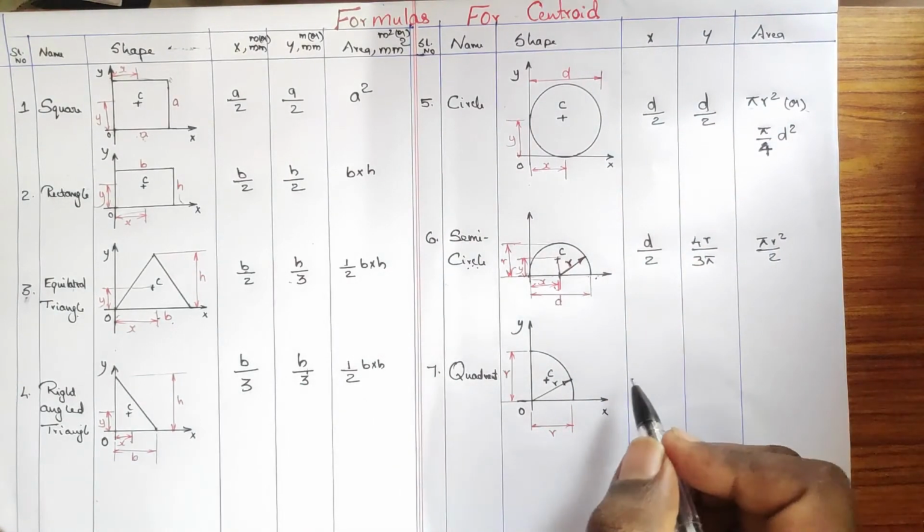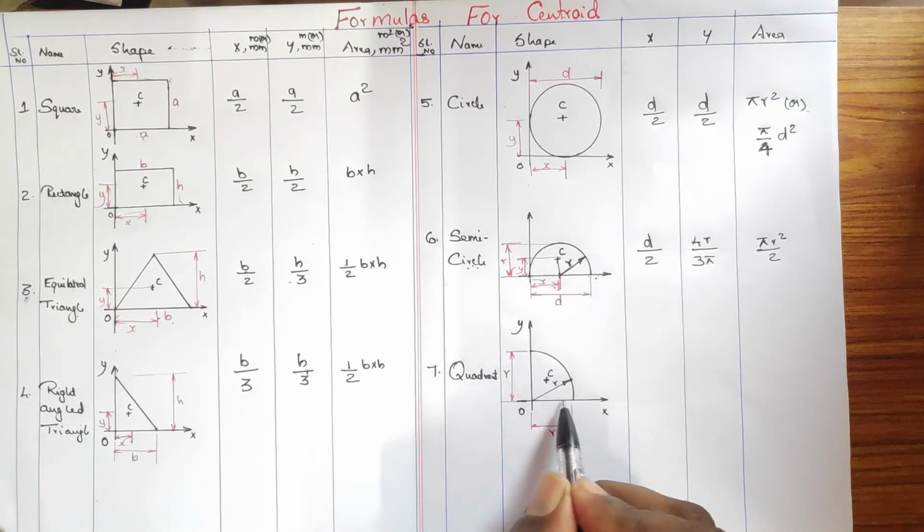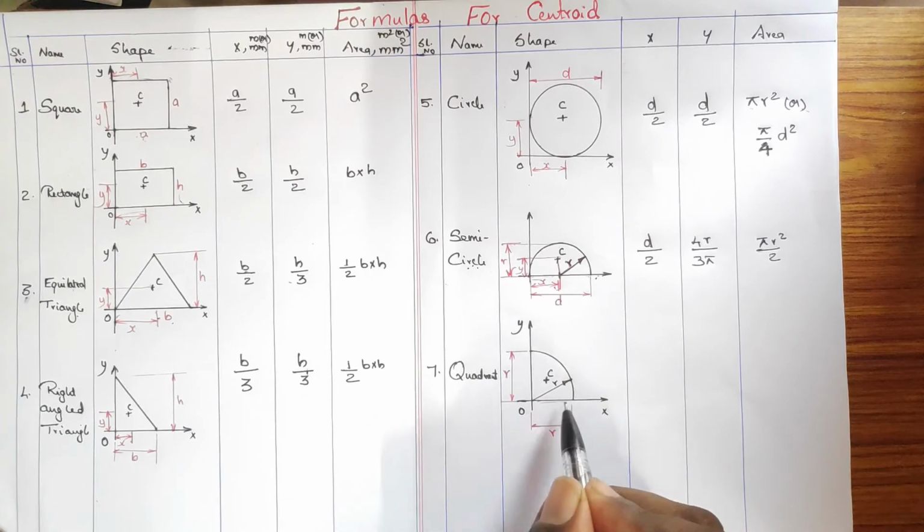Move to the quadrant. So here in the quadrant, the full length for the x-axis is the radius, and for the y-axis it is the radius.